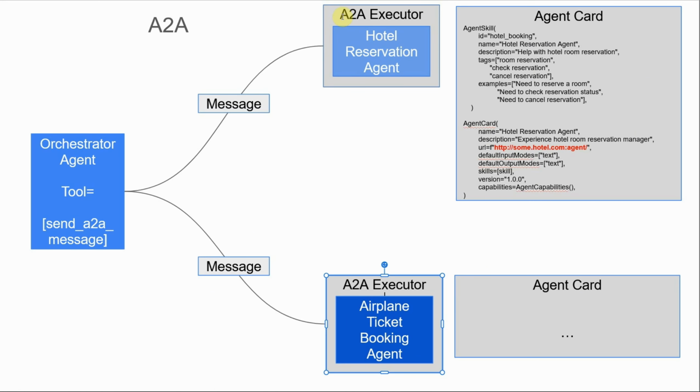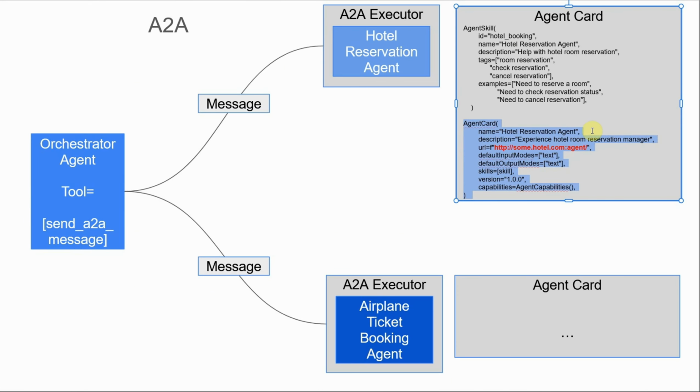However, we have to write a special A2A executor. We have to deploy that agent as a web server, and also A2A agent is now accessible only through A2A protocol, which is another limitation. So the list of pros contains ability of the Orchestrator agent to find the corresponding agent using the agent card.